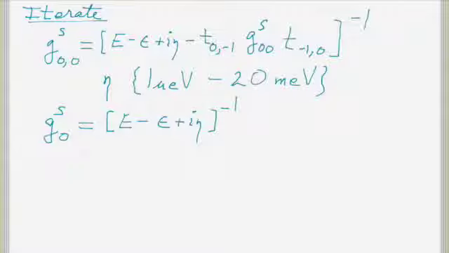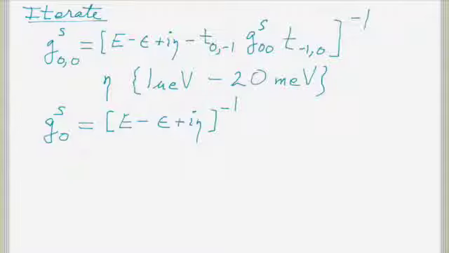And this i eta keeps the thing from blowing up on you in case epsilon happens to be equal to E. You don't have to be very careful about E and epsilon. Then you just substitute that initial guess into the expression above it, and start iterating until the thing converges.